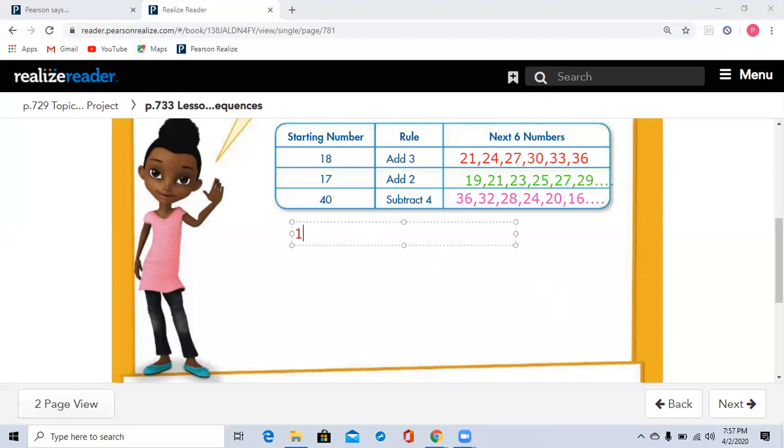In the first set, for the first pattern, all the numbers will be multiples of the number 3.